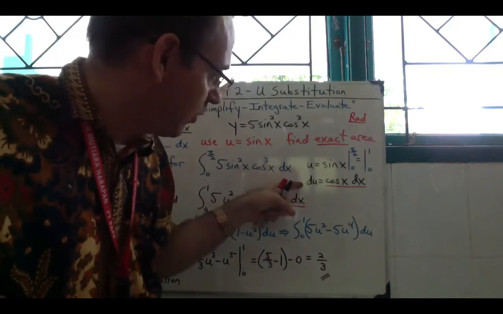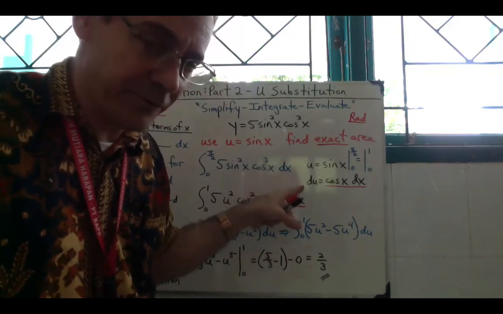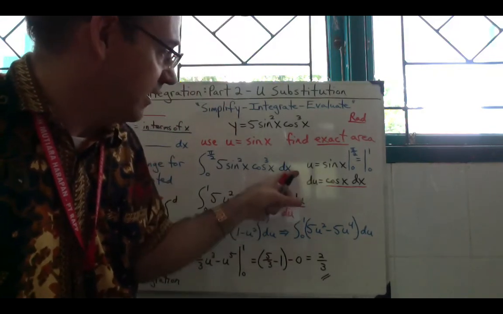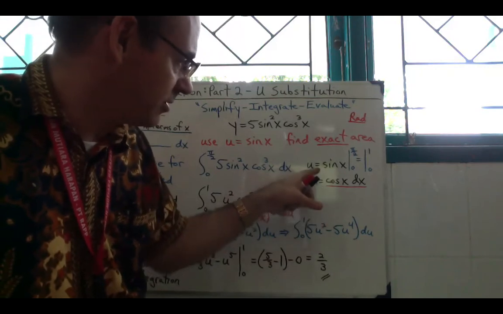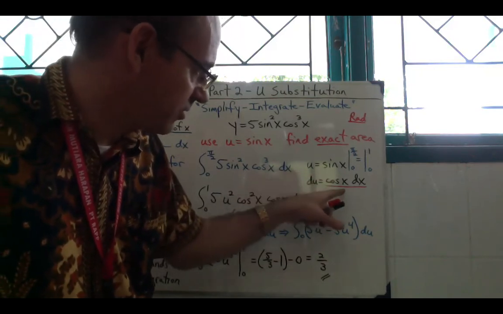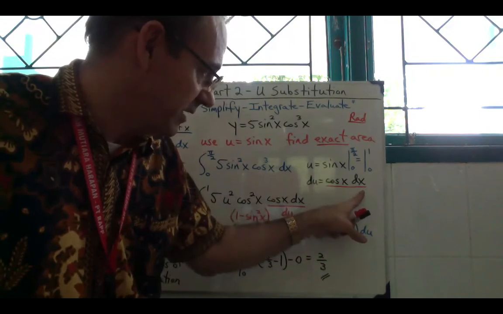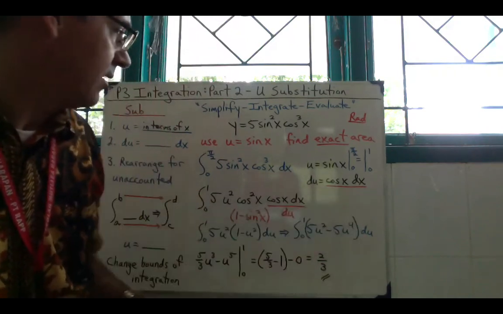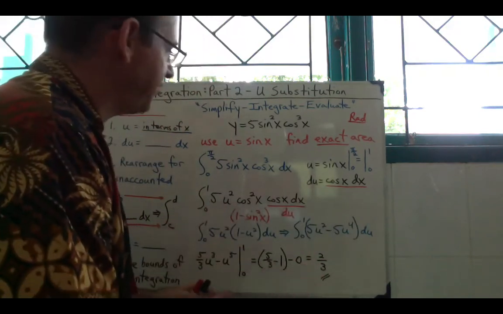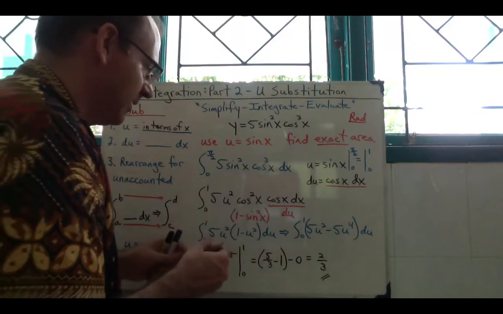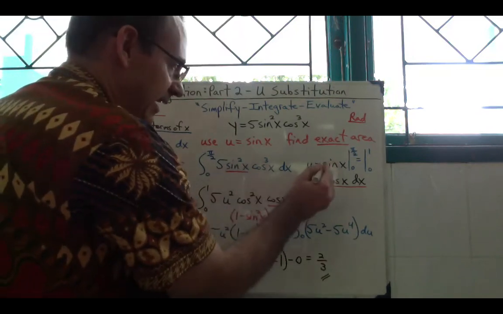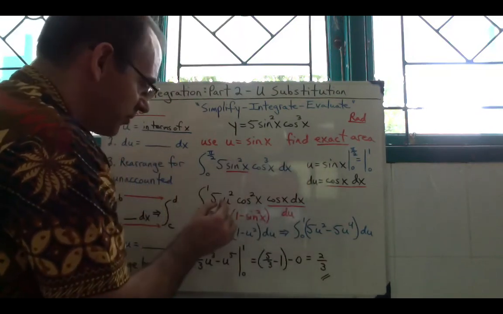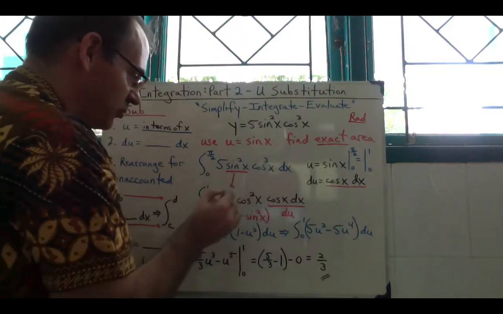The other thing you want to do is find your differential. So du equals the derivative of sine, which is cosine, and don't forget the differential dx. Now we look for the obvious part. Sine x becomes u, so that part becomes u squared.